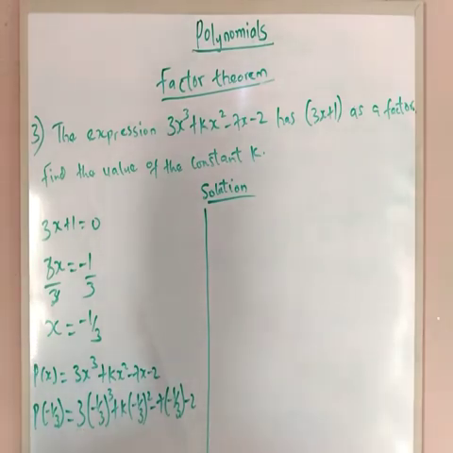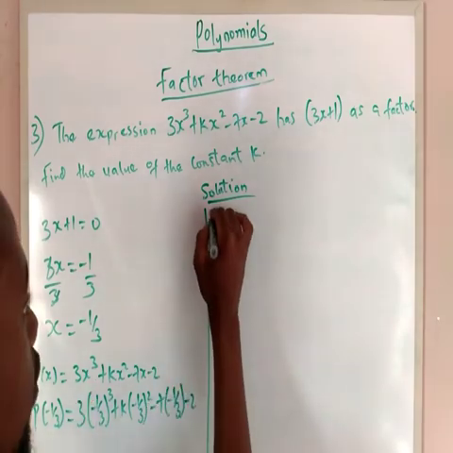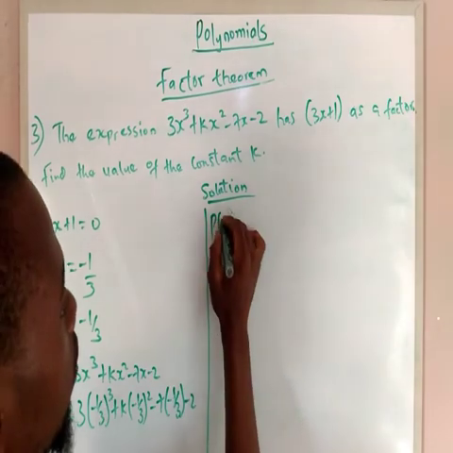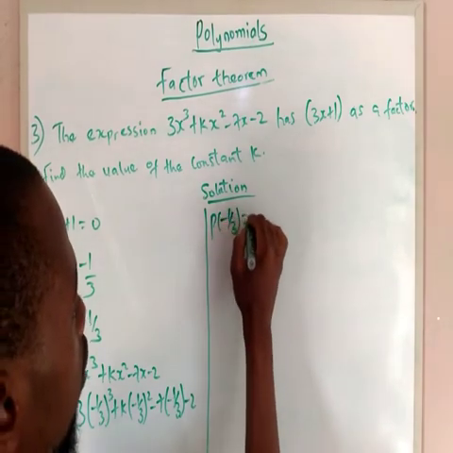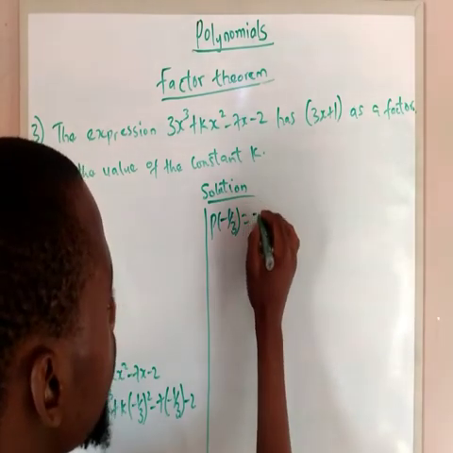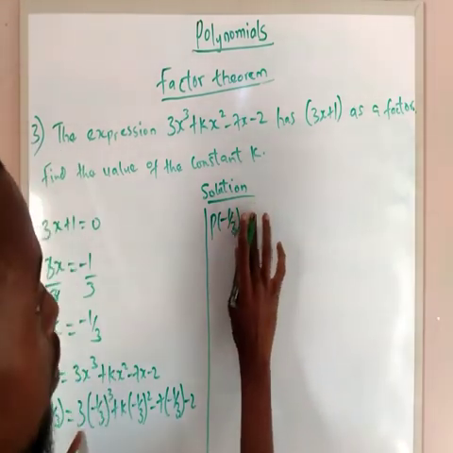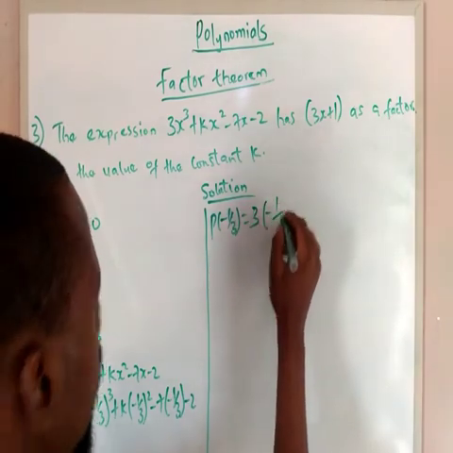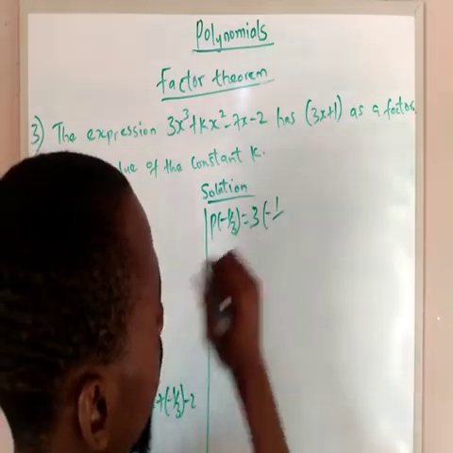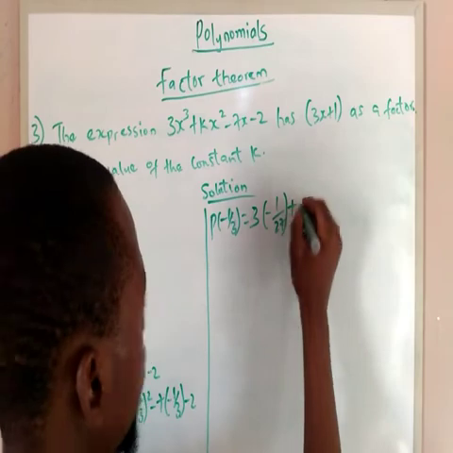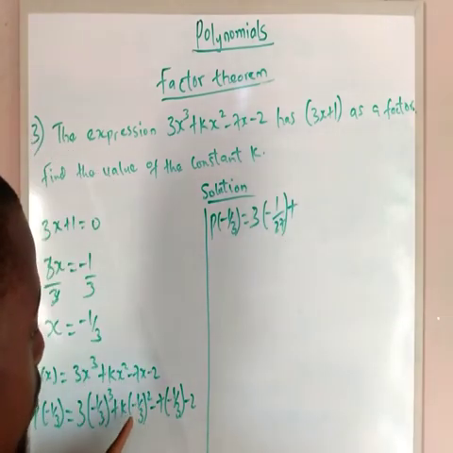So from here we have minus 1 raised to power 3. So our p of x will be p of minus 1 over 3. This will give us, here we have 3 first, 3 into brackets minus 1 divided by 3 raised to power 3, that's 27, plus, here we have square.